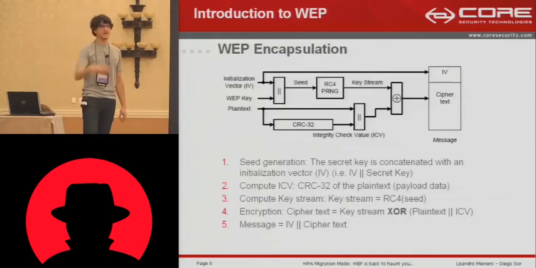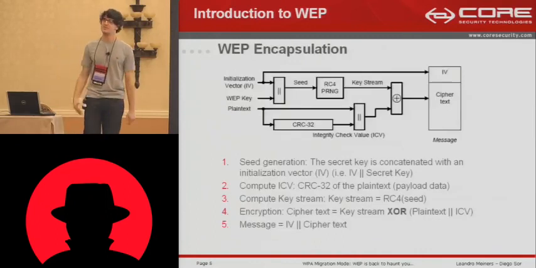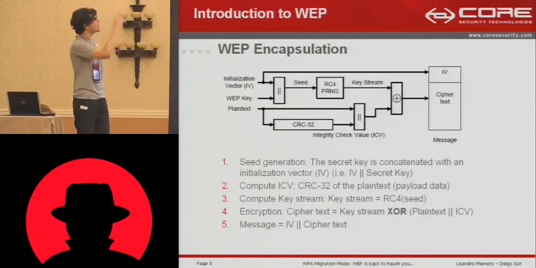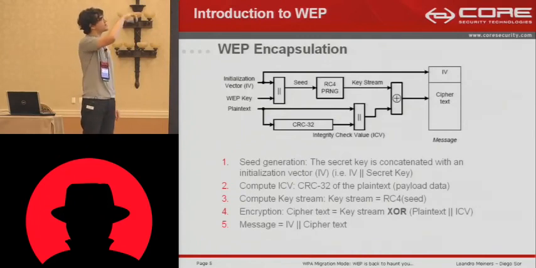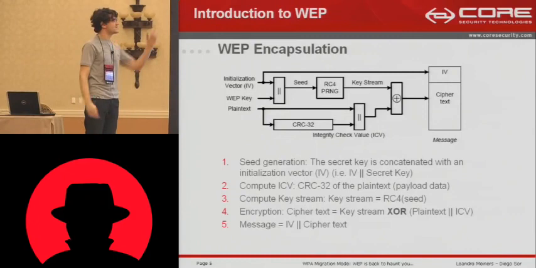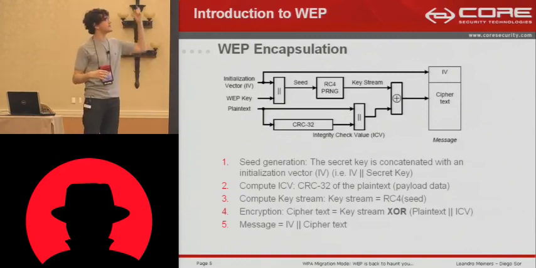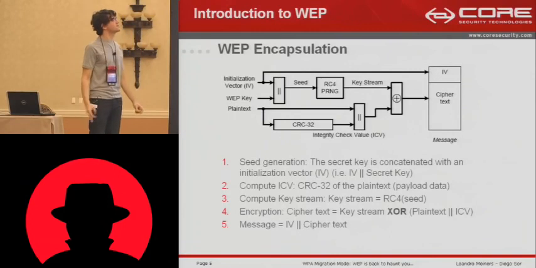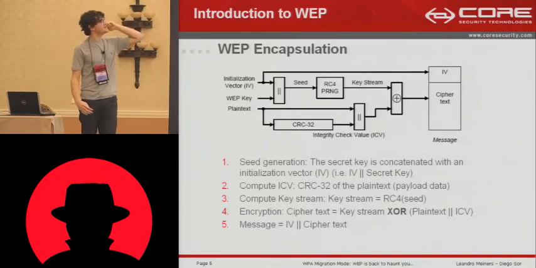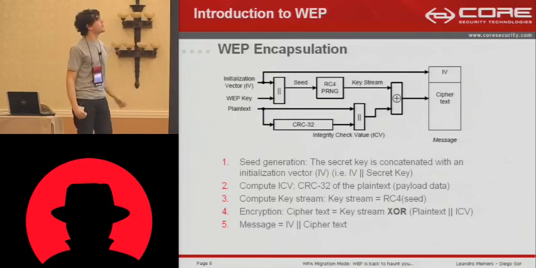So this is the basic diagram of the WEP encapsulation. We have the plain text that goes through the CRC32 calculation. We concatenate the two, meaning the plain text and the CRC32. Then we have the initialization vector and the WEP key.